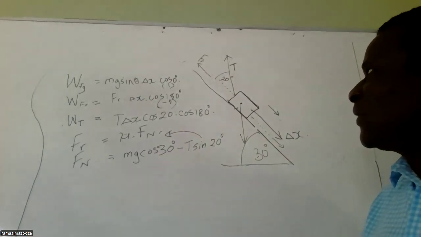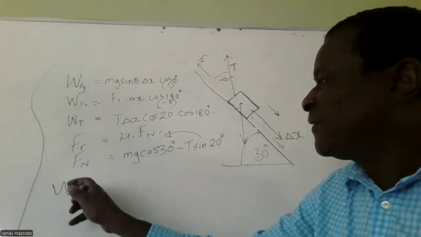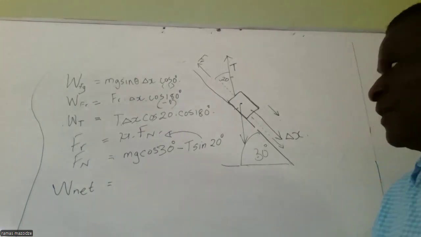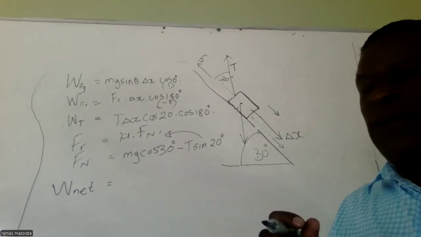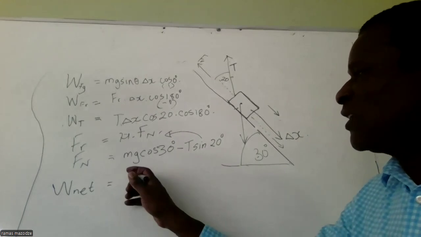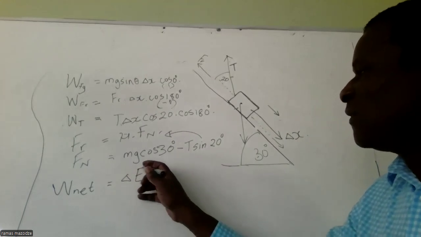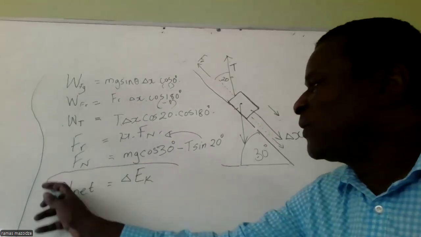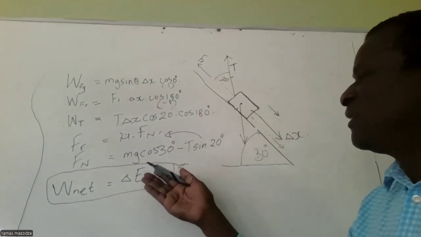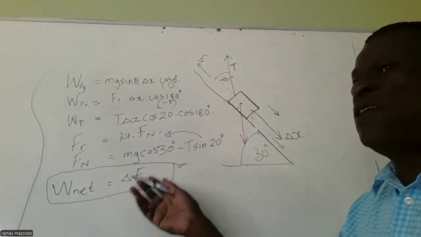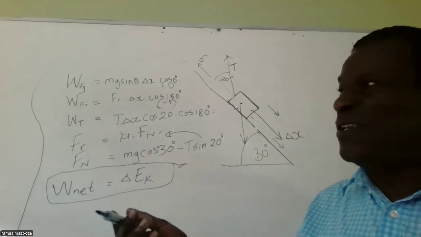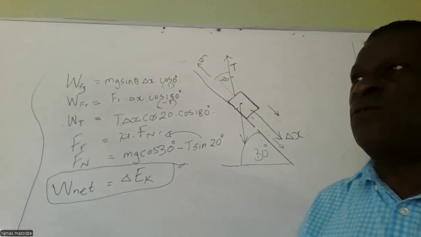Good. So what else? Work net. There are three ways of calculating net work here, so it depends on what you are given. You can just calculate the change in kinetic energy of the object. That's one super method. If the object moves with constant velocity, half mv squared minus half mv squared, the change in kinetic energy, is zero, and so the net work done will be zero. In any case, if something moves with constant velocity, the net force is zero.